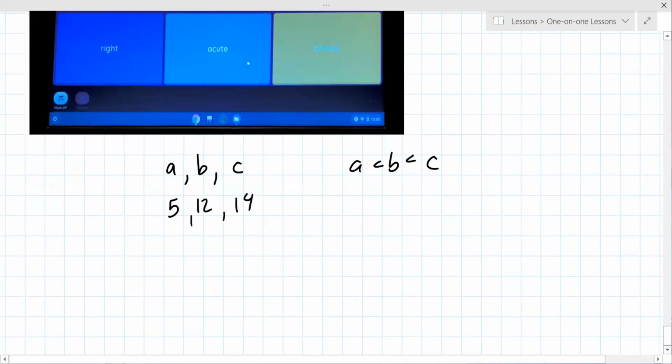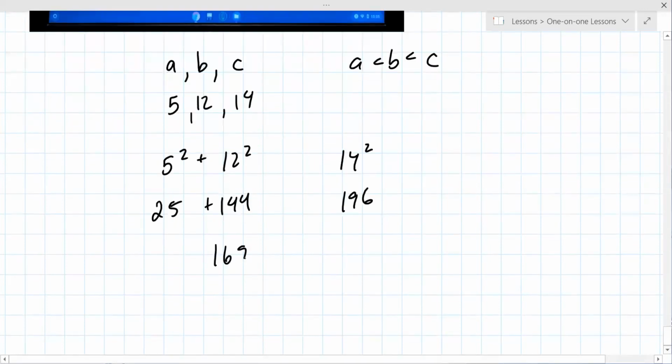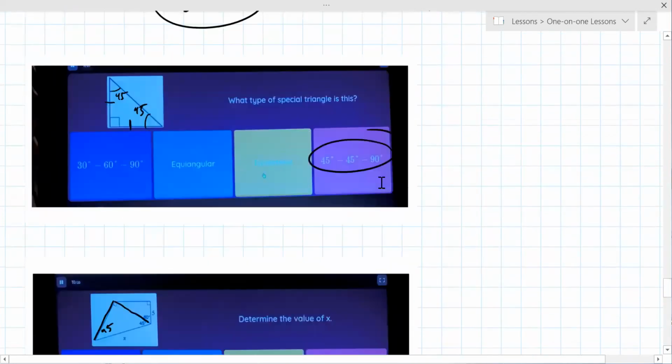So what you have to do here to decide this is take 5 squared plus 12 squared and determine how that compares to 14 squared. So that's 25 plus 144. This is 169, and this is 196. 169 is less than 196, and that means I believe this is obtuse. Let me go back and look.